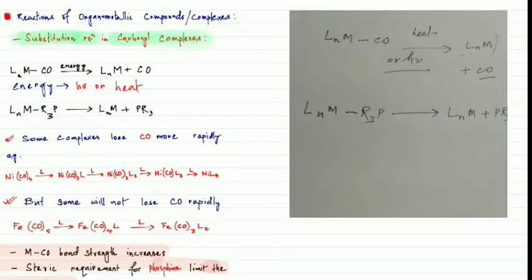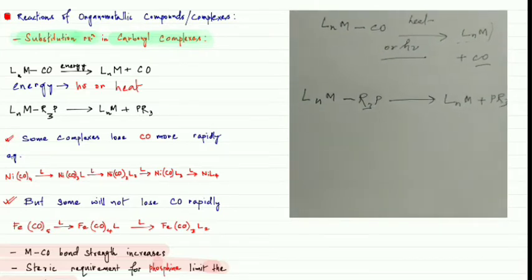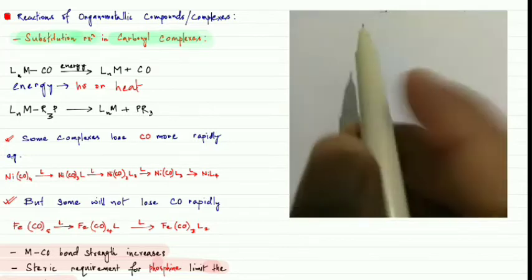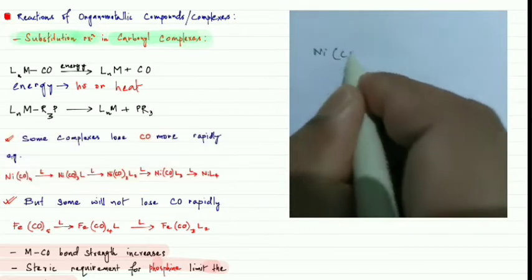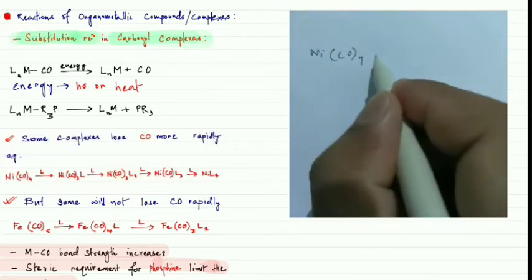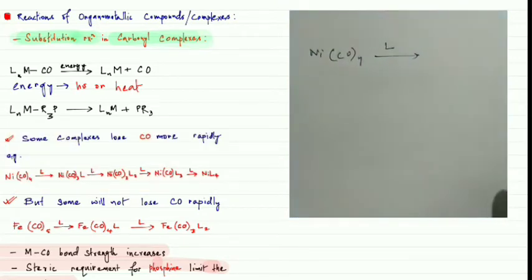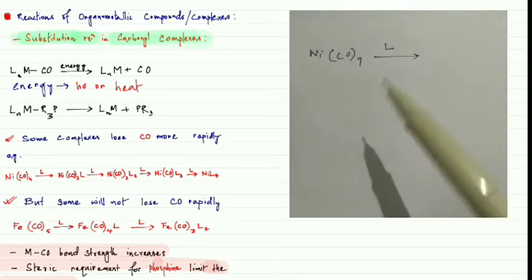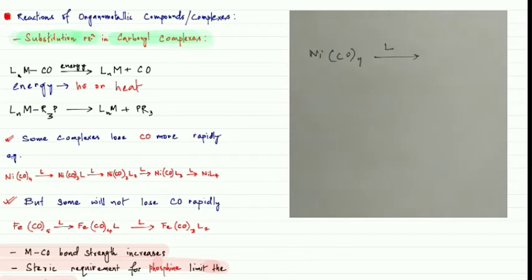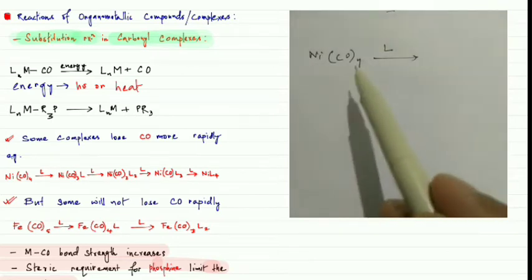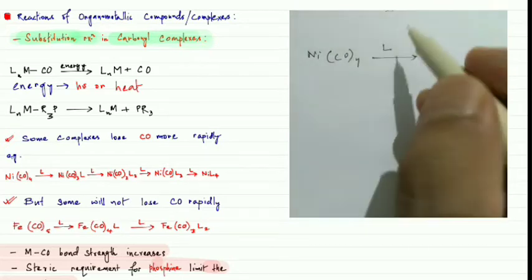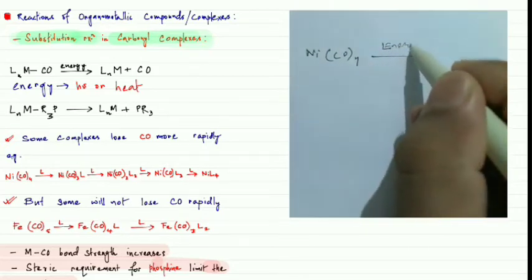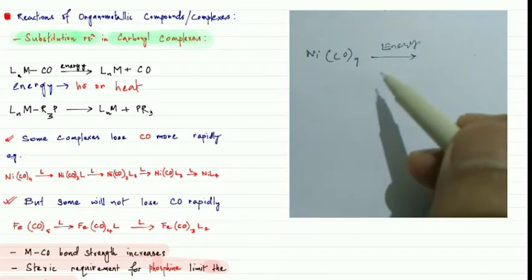So coming to some examples, let us discuss some examples. The first example is nickel tetracarbonyl. What they did actually, let's suppose they first applied some energy, a sufficient amount of energy in the form of heat or radiation.